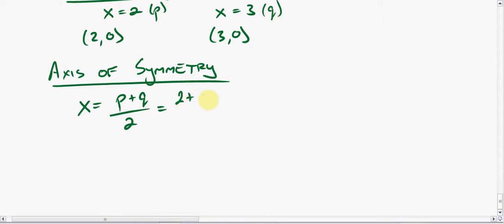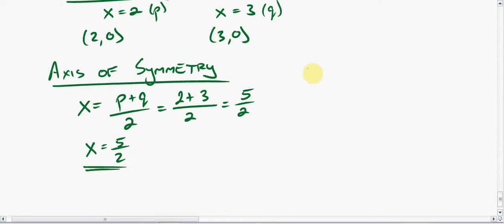Our value of Q is 3. So we see 5 divided by 2, or 2.5. Alright, so I'll leave it in fraction form though, 5 halves. So we can see x equals 5 halves. That's the x value of my vertex.